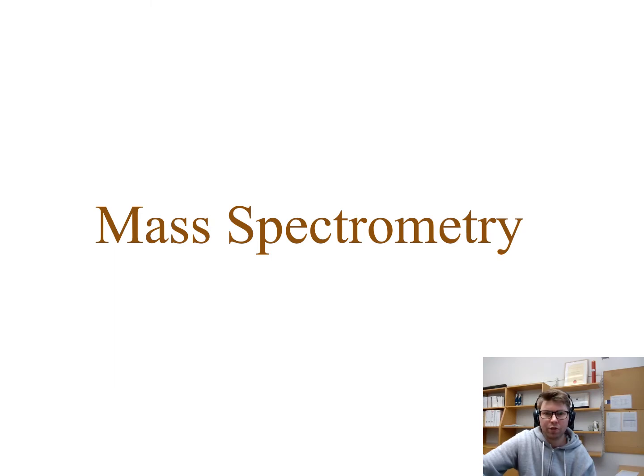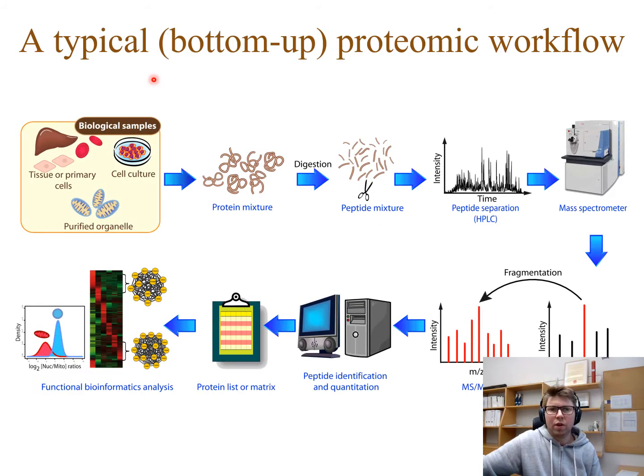The method of choice for large-scale analysis of proteins and proteomes is mass spectrometry, and I will now give you the fundamentals of this technology. So a typical proteomic characterization follows this workflow. So it starts out with a biological sample.